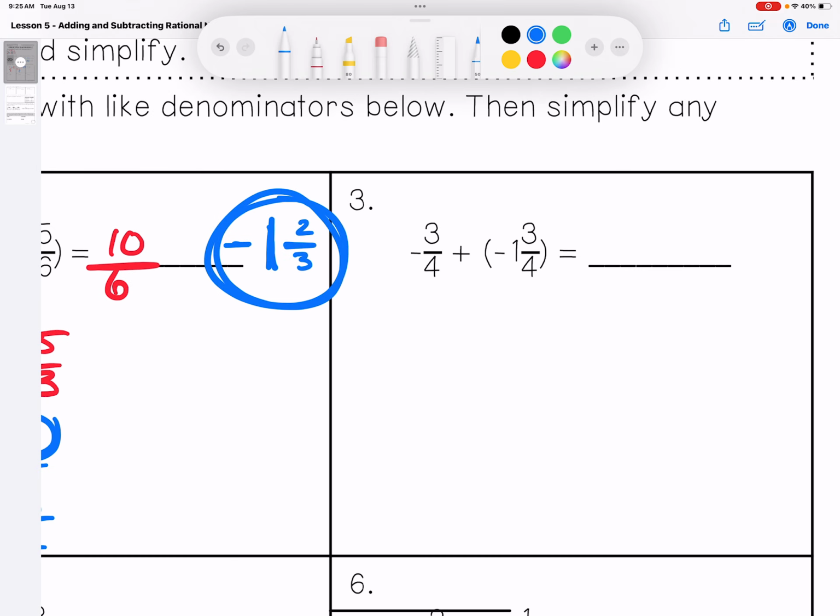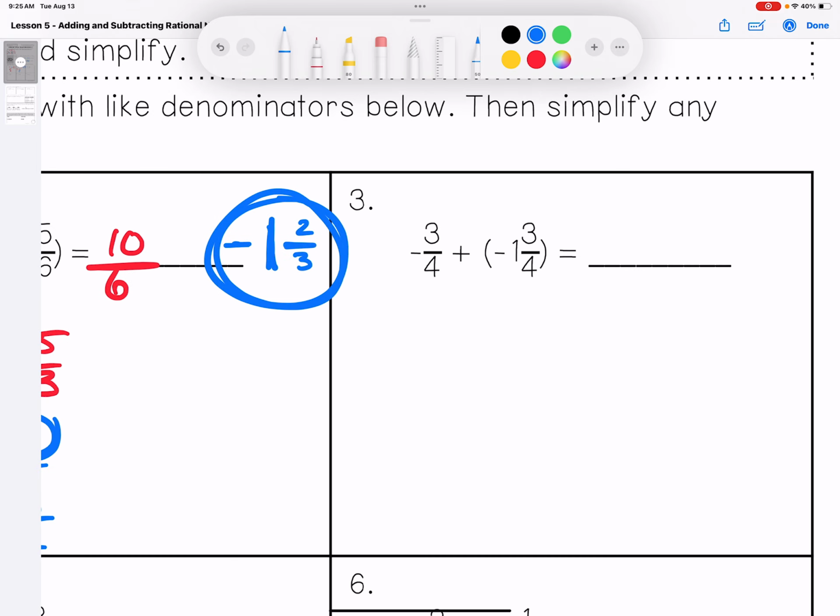So I'm going to end up with negative 3/4 plus a negative 7/4. If you forgot how to go back to improper fractions, that times that plus what's on top. So it becomes 7/4. Now I can just add them across, and I get 10/4. That will simplify into 5/2. So now that I have 5/2, I'm going to divide to get it back to a mixed number.